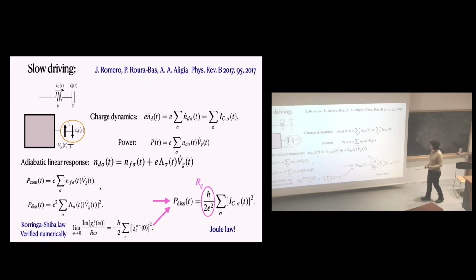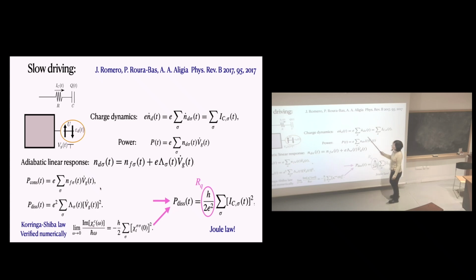A similar approach can be done from the point of view of the energetics, and we can use this adiabatic linear response description, in particular for the rate of change. So this is the sketch of the Hamiltonian. I'm not writing the Hamiltonian here, but we are considering a Coulomb interaction as well as the time-dependent voltage.